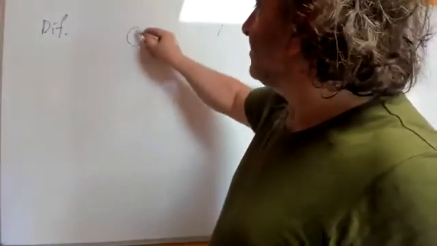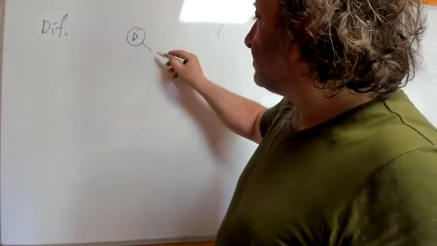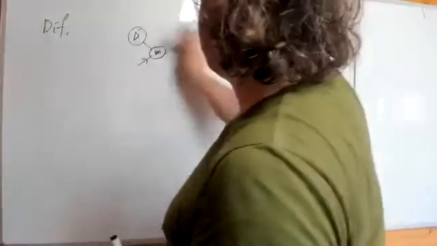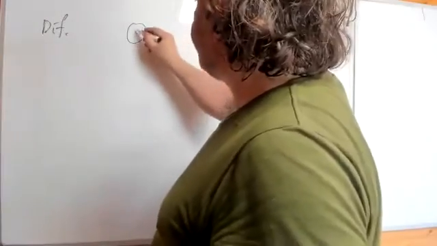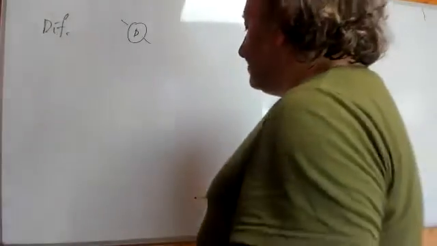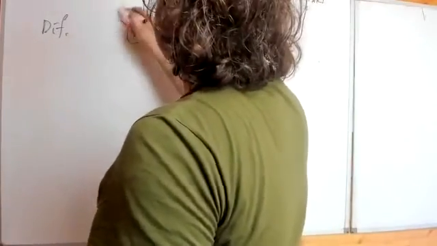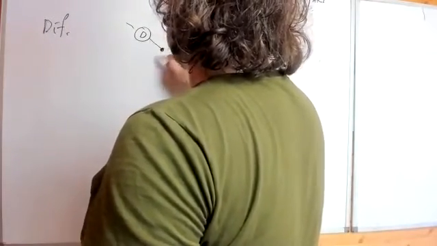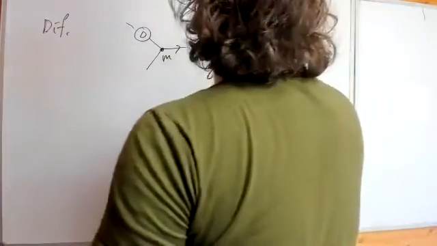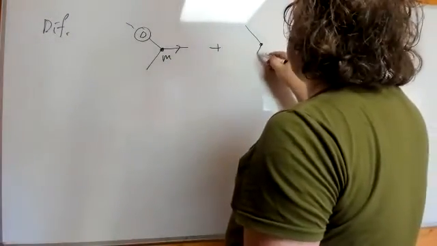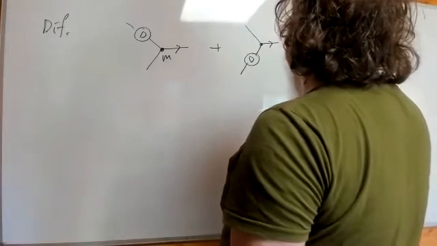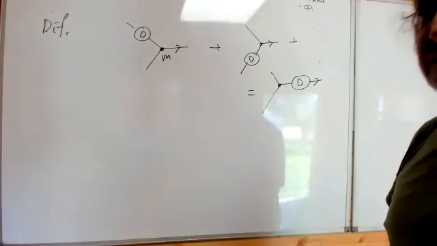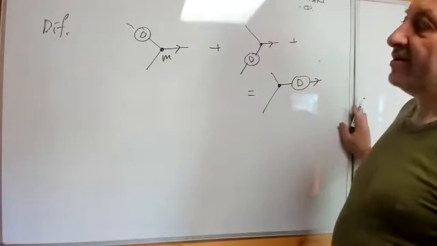To be a differentiation means that D applied to a product satisfies the Leibniz rule.